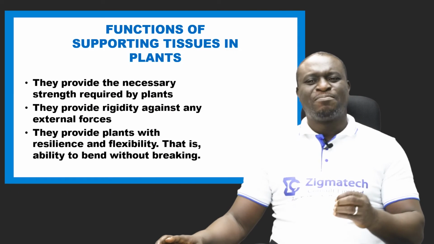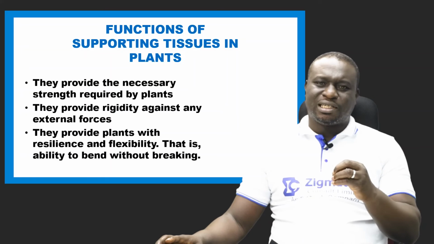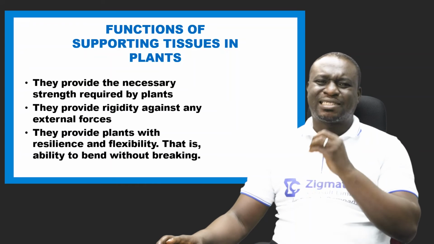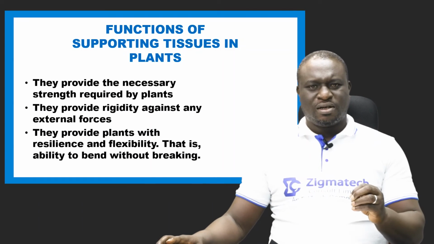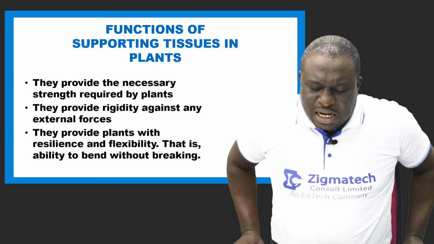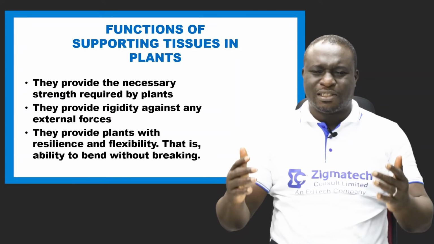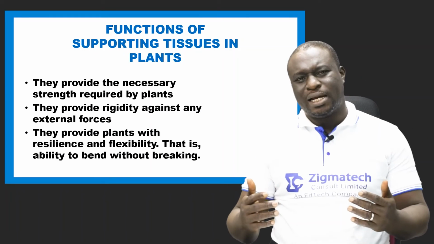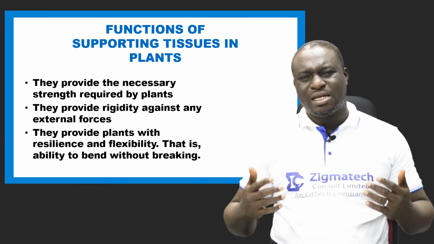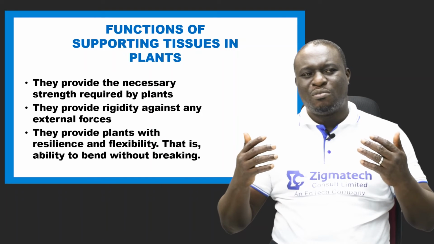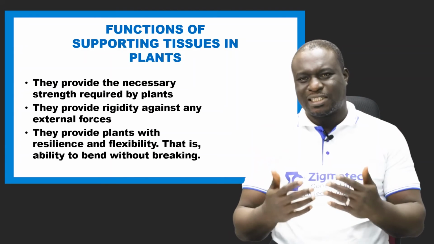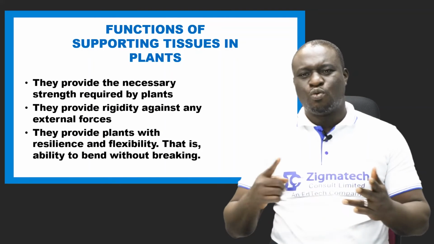Number 2, they provide rigidity against any external force. Remember, we talked about rigidity and flexibility in terms of the collenchyma. We said they have the ability to withstand external forces like wind and water.